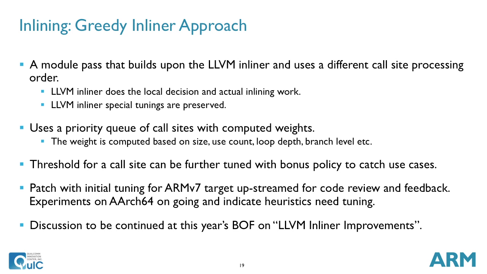So we allow the compiler in the grid inliner to specify an additional bonus policy for each call site. It tries to catch some characteristics of the call site and produces a bonus value that can be added or subtracted from the threshold for that particular call site. And that helped us to catch more of some hot functions.